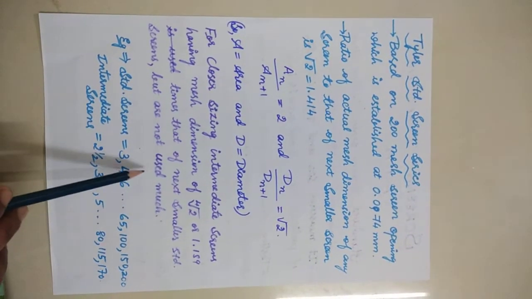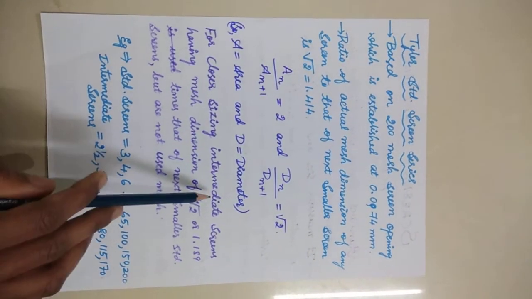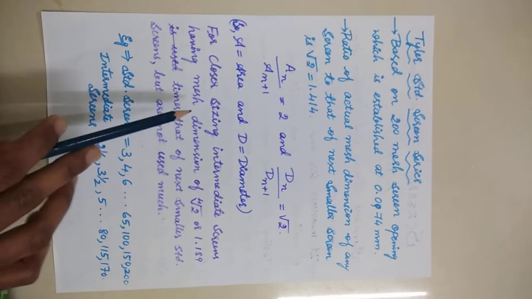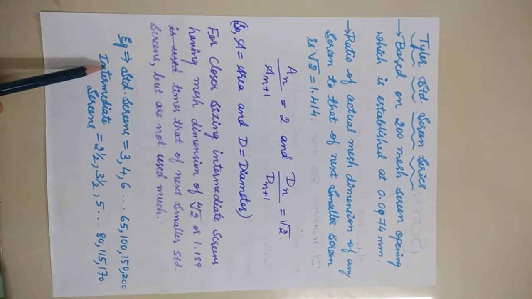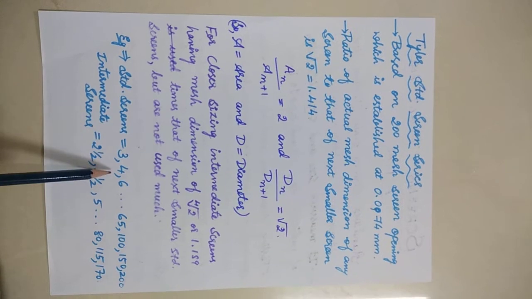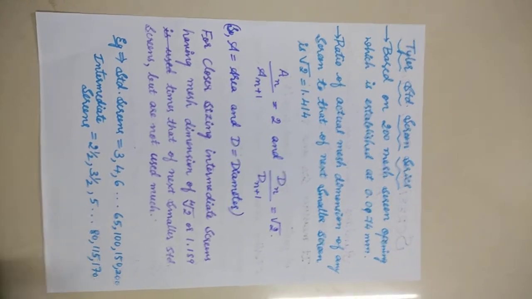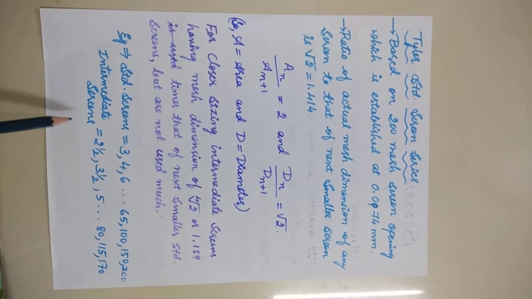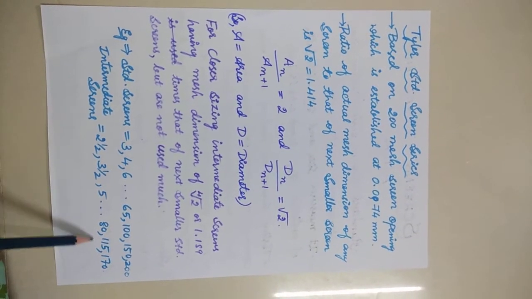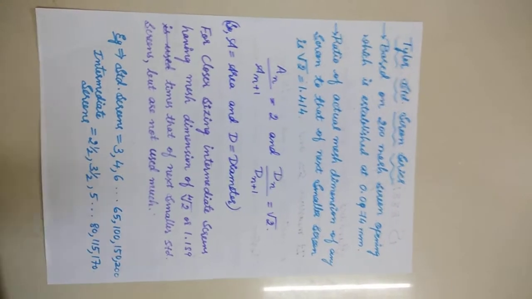They are not commonly used, so we are just having that available in this mesh dimension. Okay, so examples are given. See here, our standard screens will be of whole numbers like 3, 4, 6, 65, 100 and all those, but intermediate screens can have fractional values also to give more closer sizing.